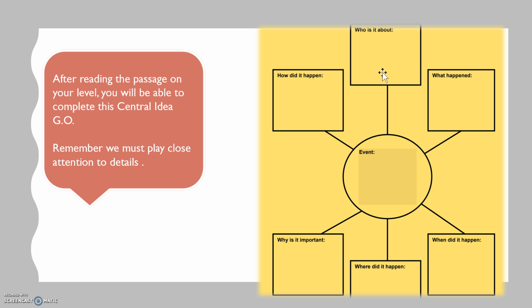And once you complete the different boxes, as the boxes prompt you, these are the things that are going to help you write in complete sentences, or help you create that objective summary that we're going to do at the end. So go ahead and read your passage and complete the graphic organizer once you're done or while you read. But remember, we must pay close attention to detail.